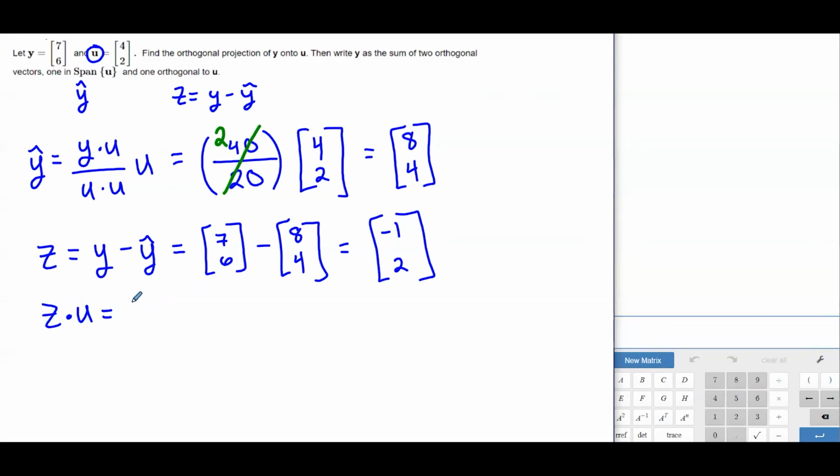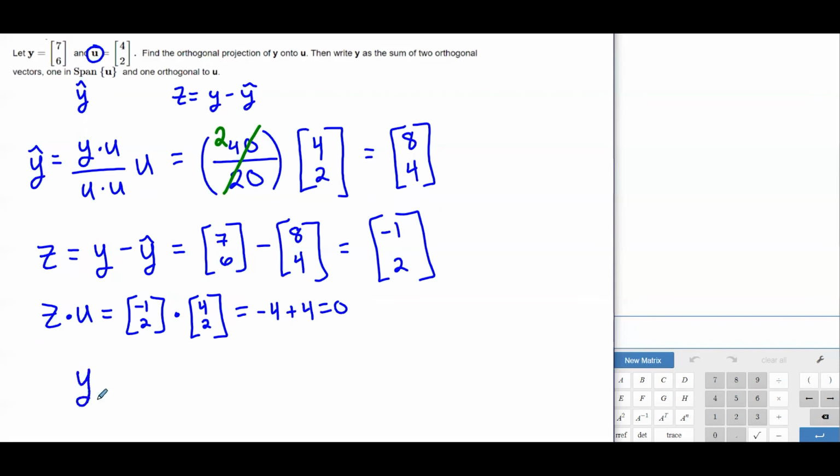So z dot product with u: I get negative 4 plus 4. That is indeed 0. So this z is correct.